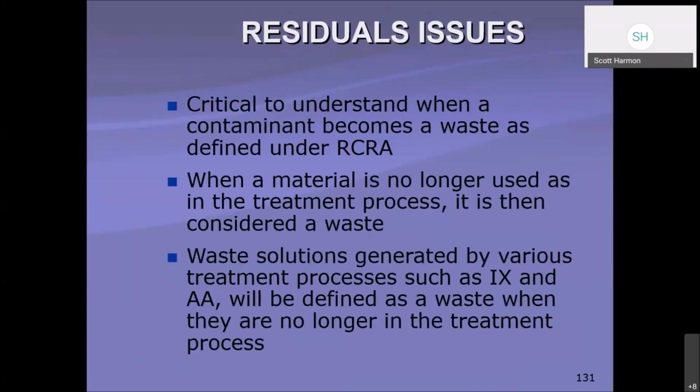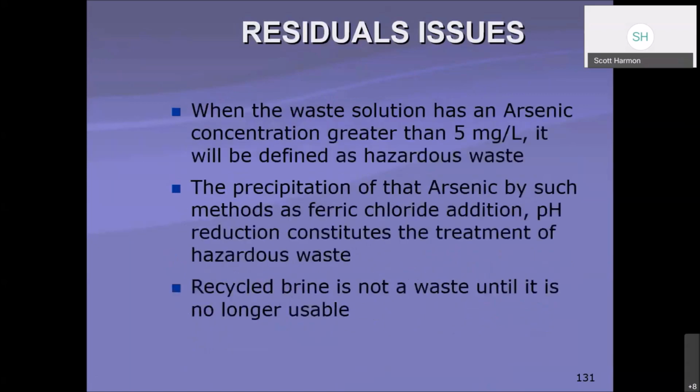When a material is no longer used in the treatment process, it is then considered a waste. That's just a rule of thumb when it comes to these residual issues. Waste solutions generated by various treatment processes, such as the IX and the AA, will be defined as waste. They are no longer in the treatment process. So again, it's very similar to the second bullet, but it gives a little more clarification to what that second bullet really means.